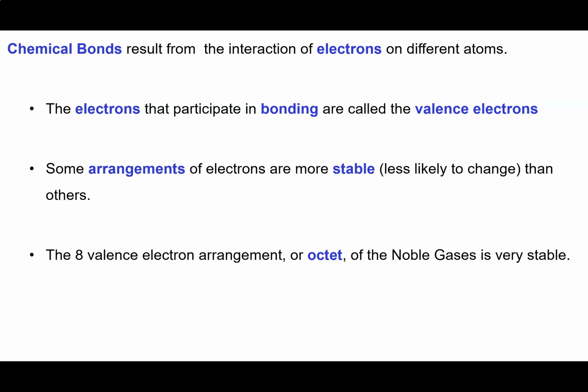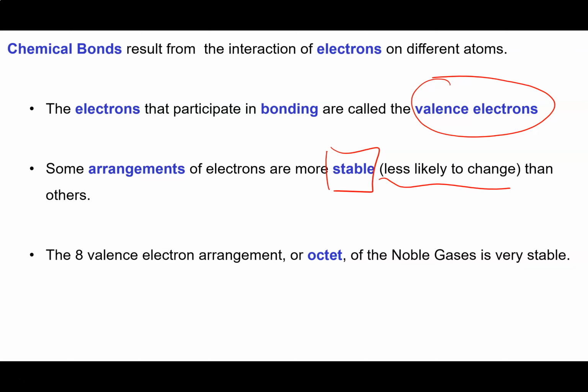So it's important to recognize that chemical bonds result from the interaction of electrons on different atoms, that the electrons that are going to be involved in bonding are those that we call the valence electrons. Another important thing to recognize is that some arrangements of electrons are very stable. That is, that they don't like to change.